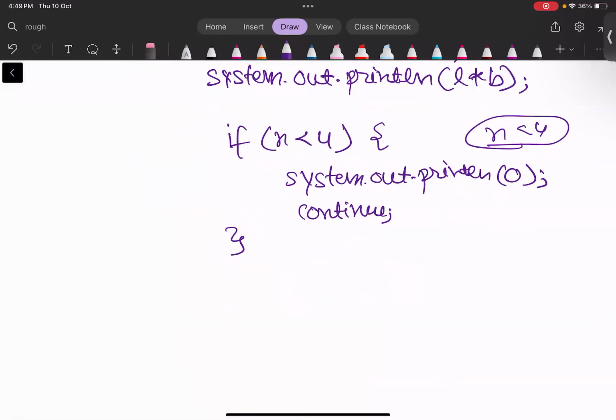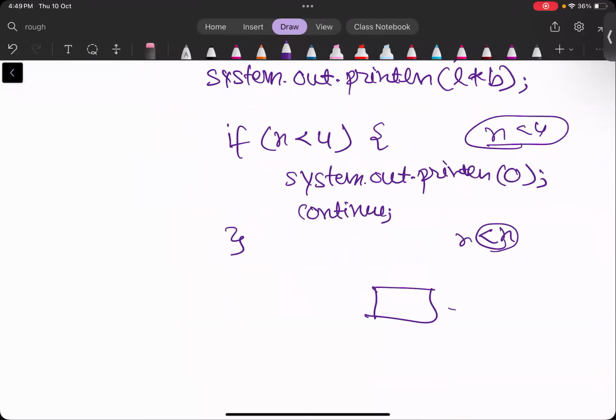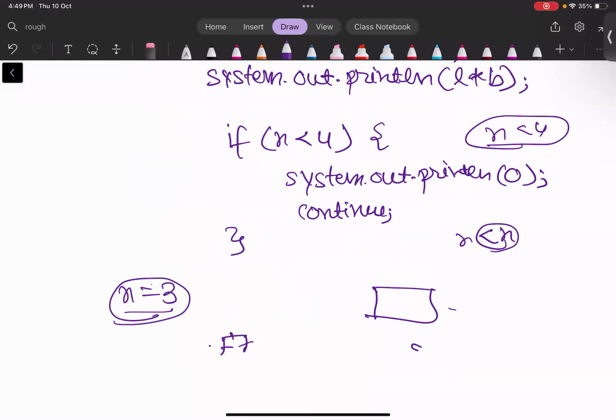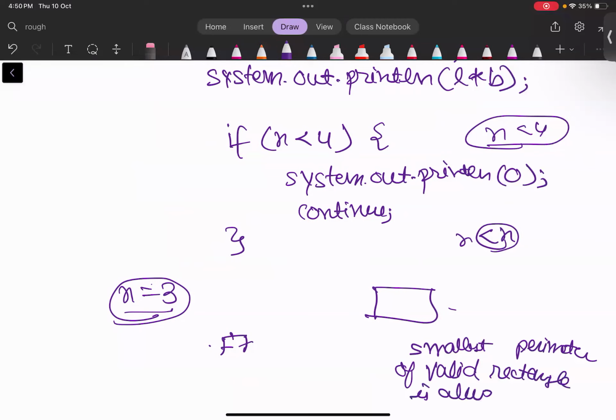Because for values of n below 4, it is impossible to make a valid rectangle. Suppose n is equal to 3; it will be only 3 sides, which is not possible. The smallest perimeter of a valid rectangle is always 4. So we can't make it.